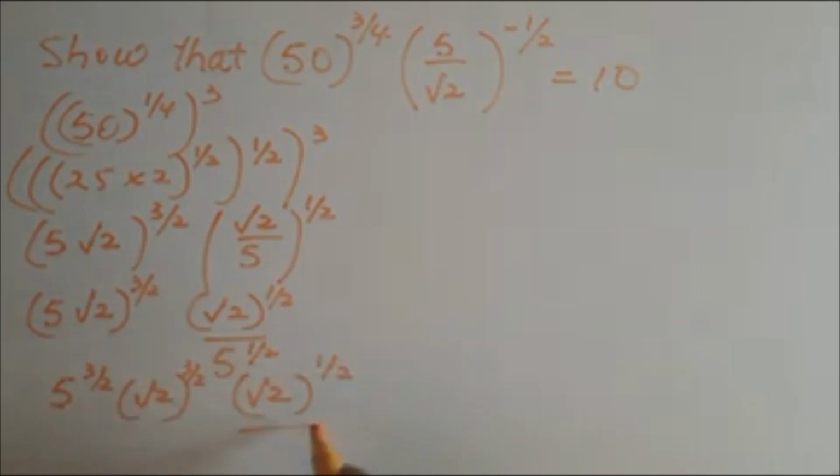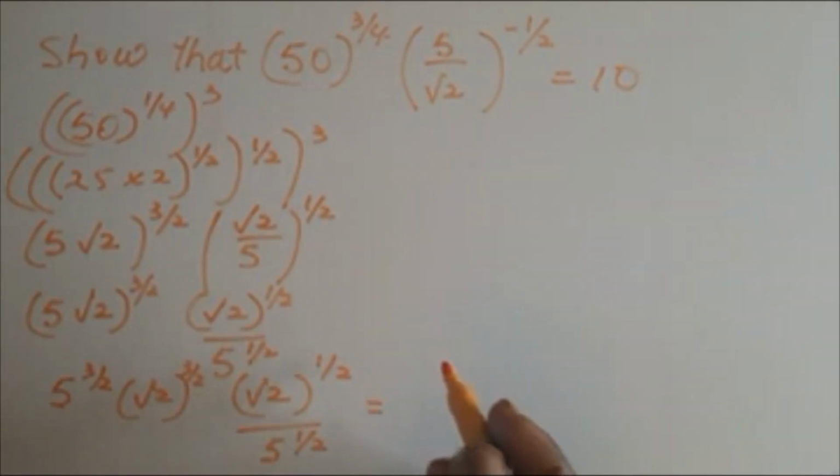And in the denominator here we have 5 raised to the power of a half. So we have a base here of root 2 and a base here of root 2. So we just have root 2 as our base.